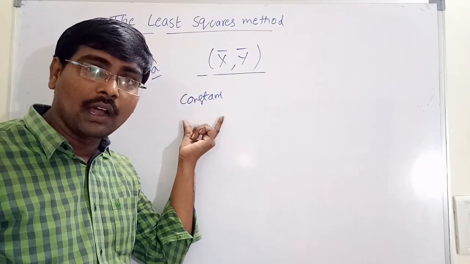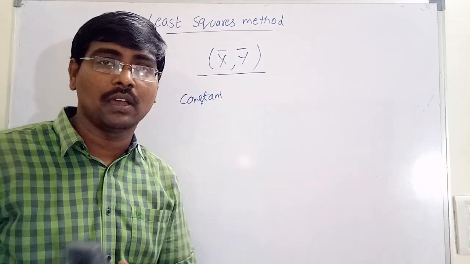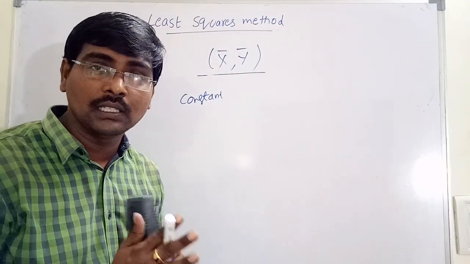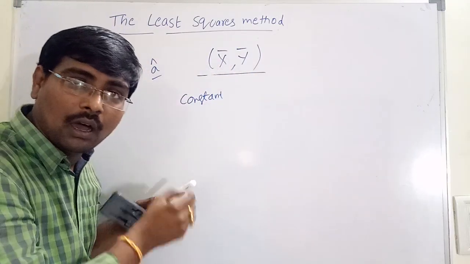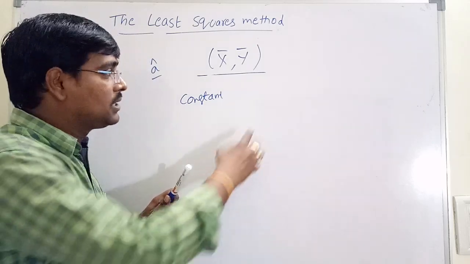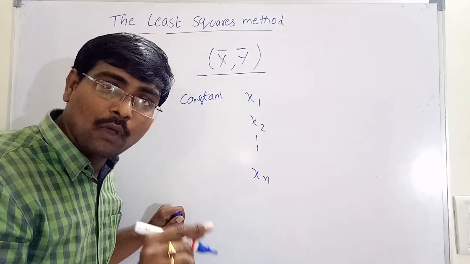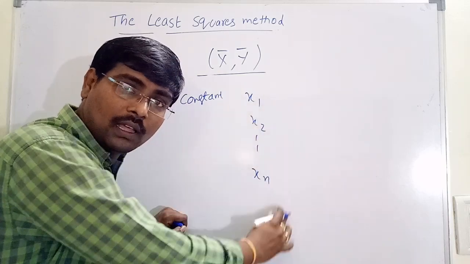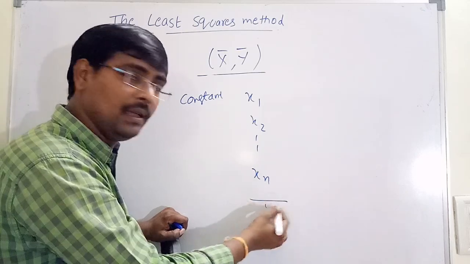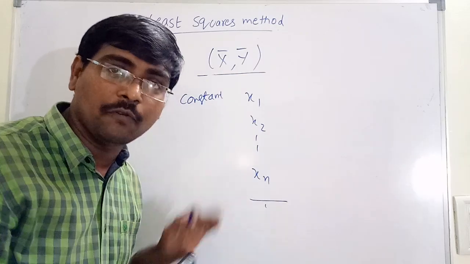If we are adding a constant to all the x values, it does not affect the regression coefficient. Why? Because all the values are calculated as deviations from the mean. For example, we have x1, x2 and so on up to xn. If we add a constant to all the values, no problem, the relative deviations from the mean do not change.